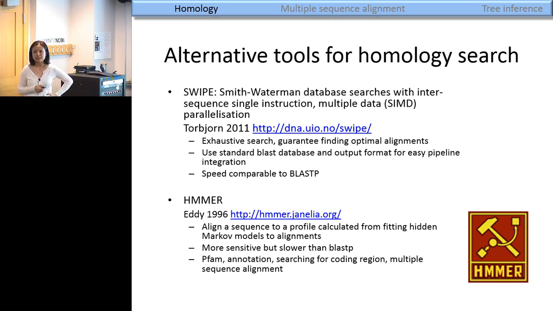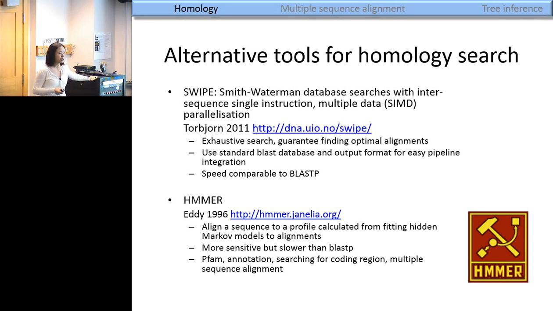HMMER is nice in that it can estimate these parameters on the go. Because it takes the information from the entire alignment and makes a profile, it's more sensitive than BLAST-P or SWIPE. It can deal with remote homology, which is nice.